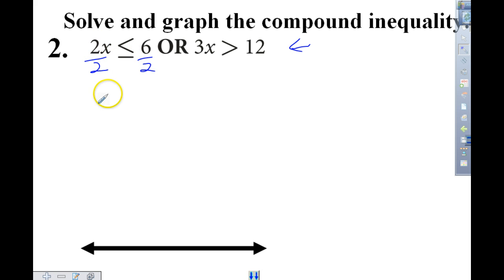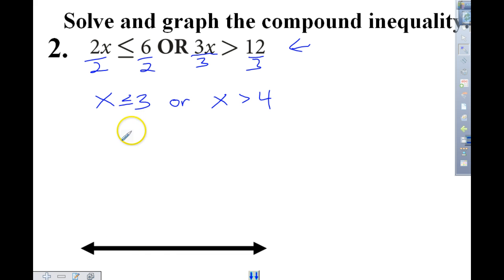Divide, divide. X less than or equal to 3. You have to continue writing the word or. Notice how these are different steps because it's not the same. It's not like a between statement. So x is greater than 4.